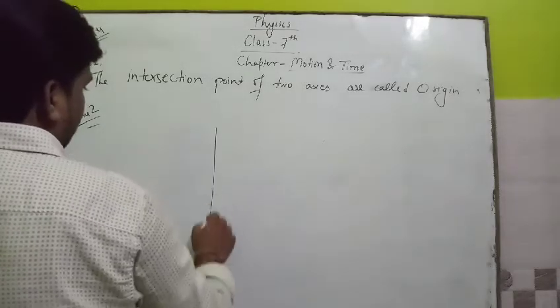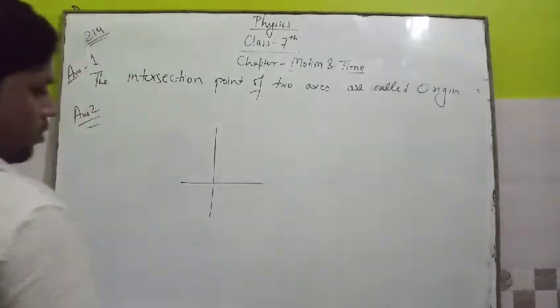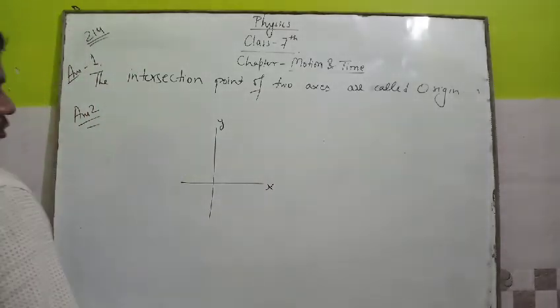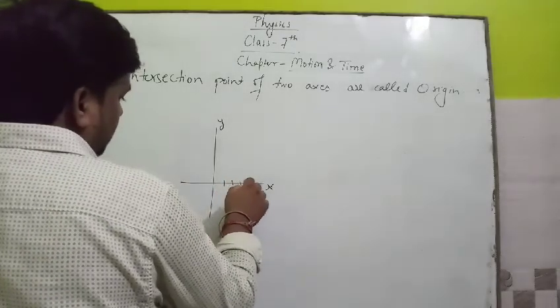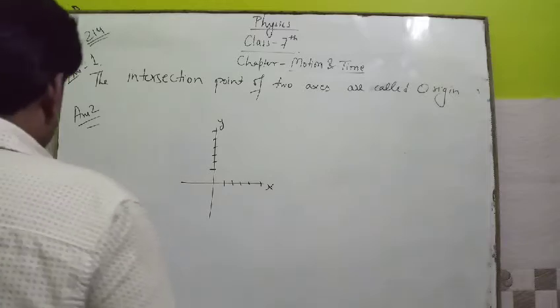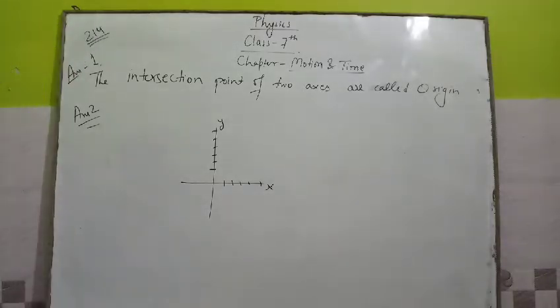As you know that this is a graph. Okay, this is x axis, this is y axis. So x is here positive and y is here positive. And what do you say for this answer, along which axis the positive values of x and y are plotted?